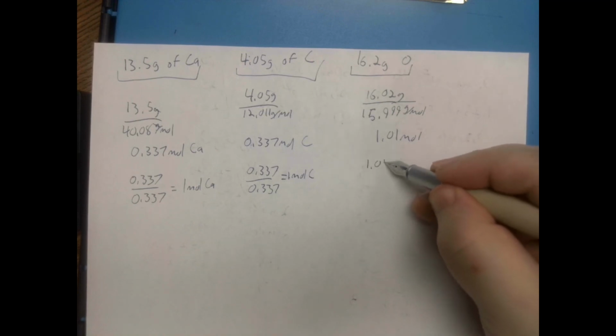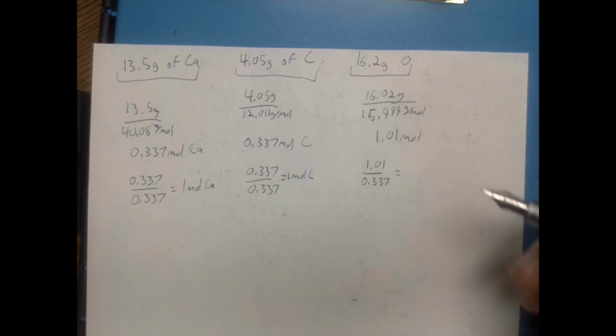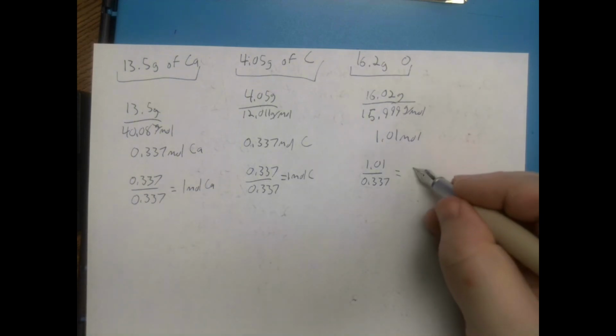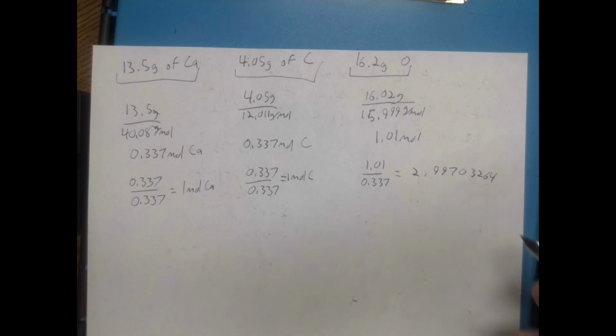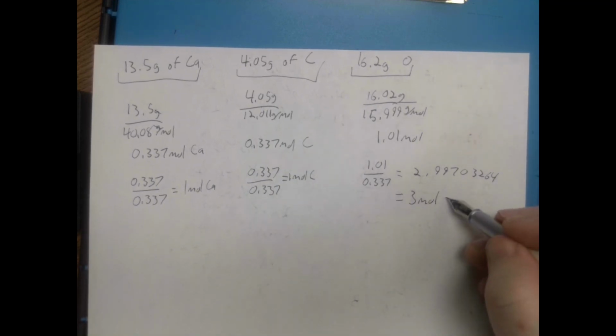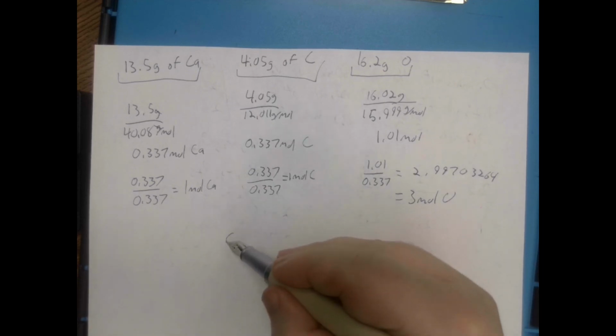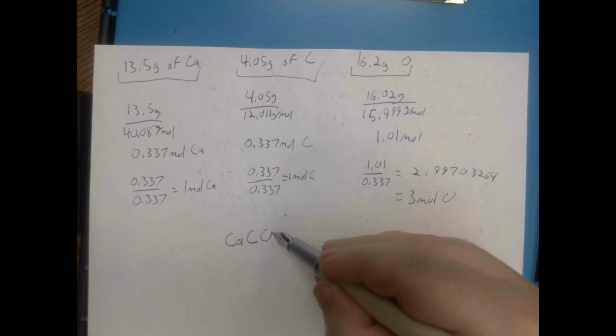And 1.01 divided by 0.337 is equal to 2.997. We can round this to 3 digits. That is equal to 3, so 3 moles of oxygen. So our ratio is 1 calcium to 1 carbon to 3 oxygen.